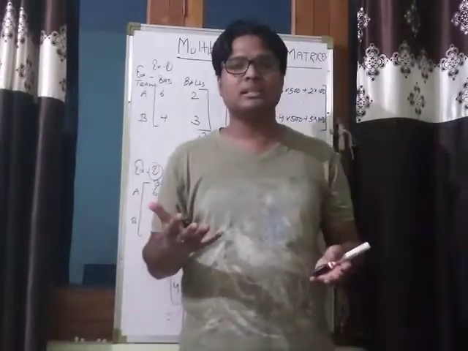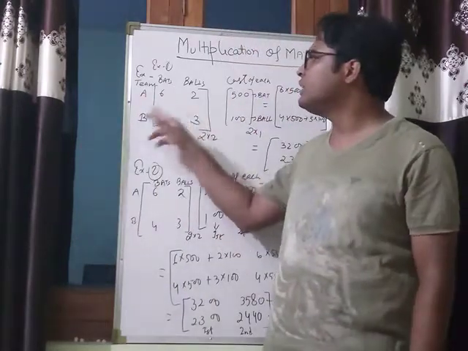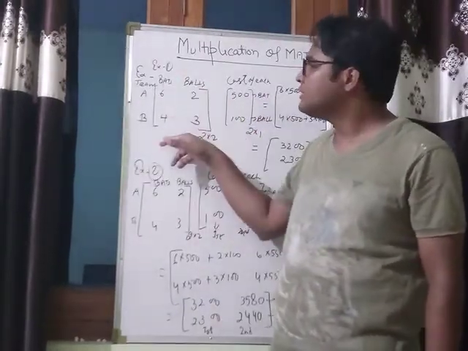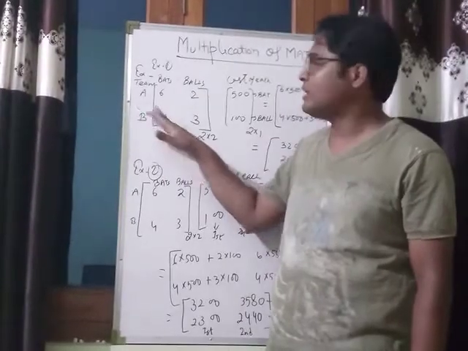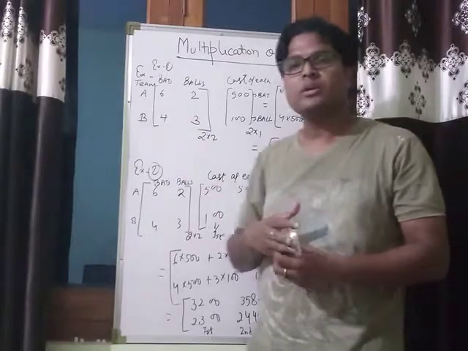So how can we write this information in a matrix? Like this: team A, team B, and these are the requirements of bats by the teams and these are the requirements of balls by the teams.